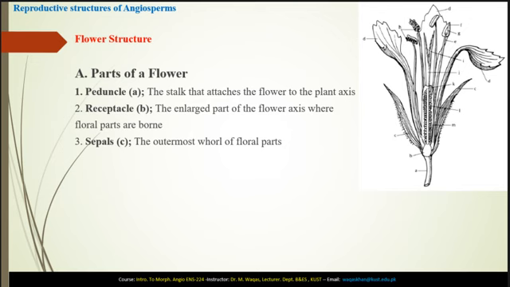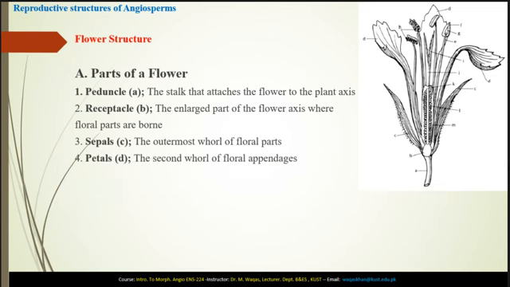If you talk about the color, they are usually green, though they may also be colorful in some species. And the function of sepals is to protect the developing flower, especially in the bud stage, right? And all the sepals of the flower are collectively known as the calyx.